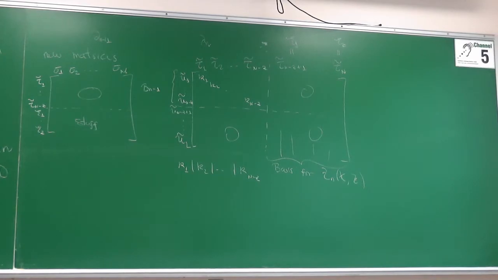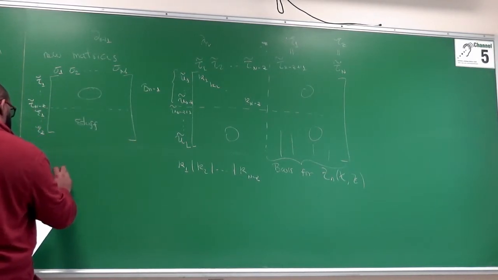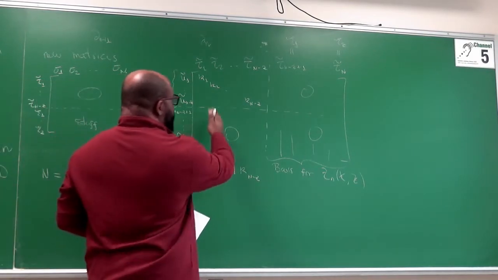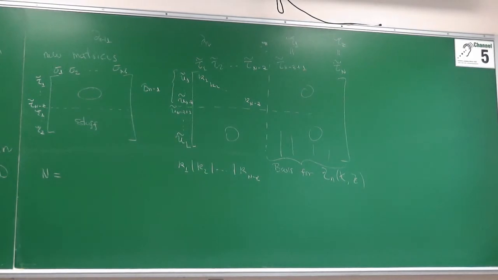So perhaps the thing to say, and this is a detail that we're going to hopefully remember in a minute, is the following. If you look at n, the number of columns I have in this matrix, what is n? n is exactly the same as the number of n simplices I have in the complex.